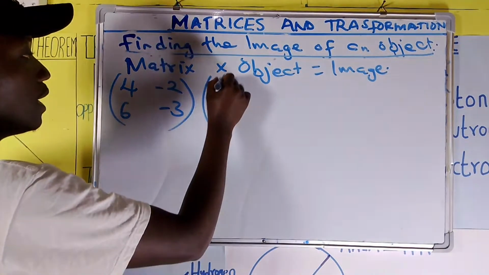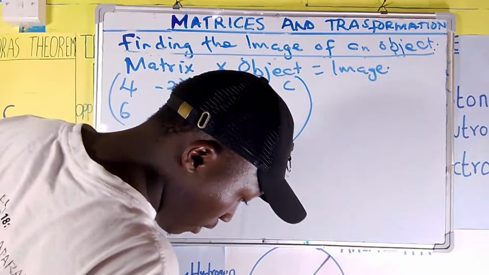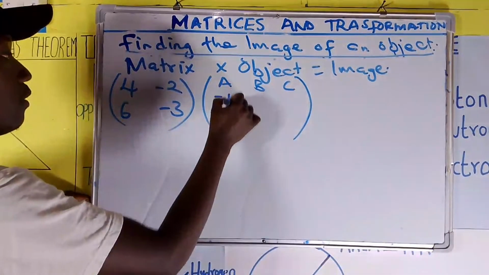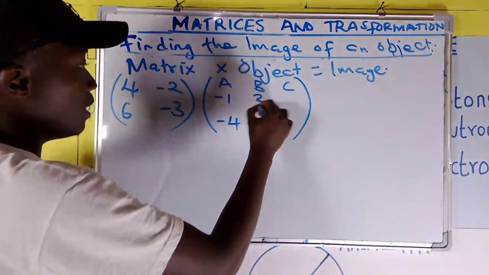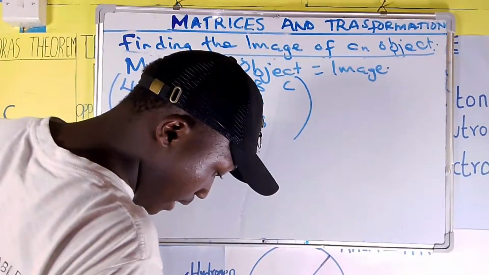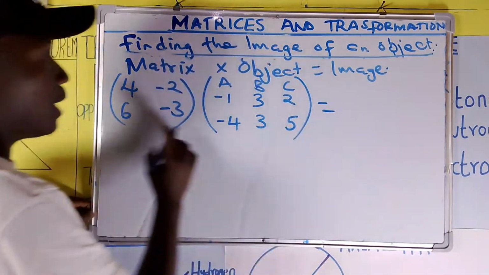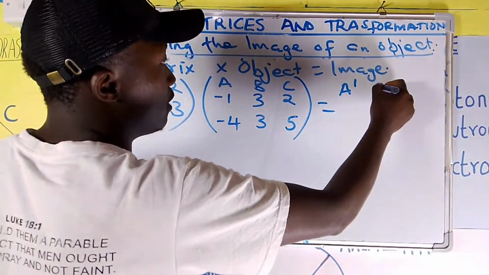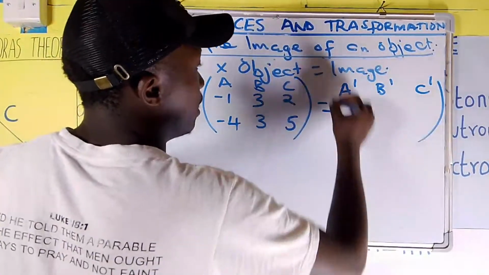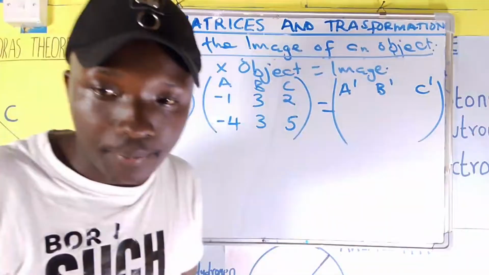Our object is A, B, C, with coordinates A(-1, -4), B(3, 3), C(2, 5). By multiplying the matrix by the coordinates of the object, it will give us the coordinates of the image, which is A prime, B prime, and C prime.